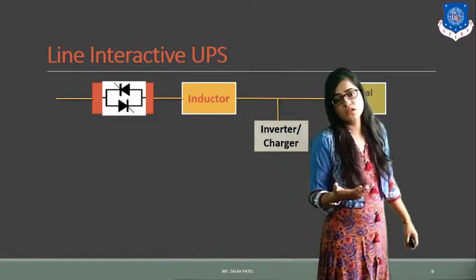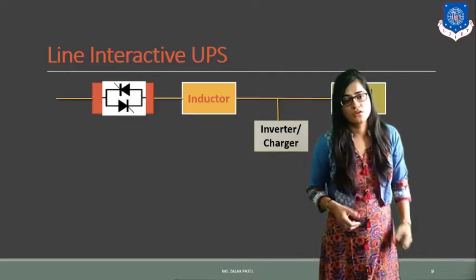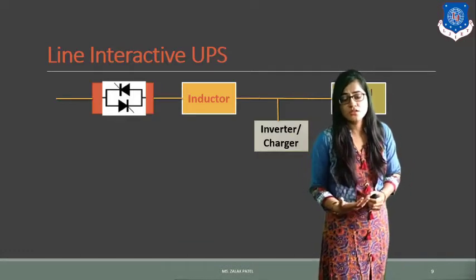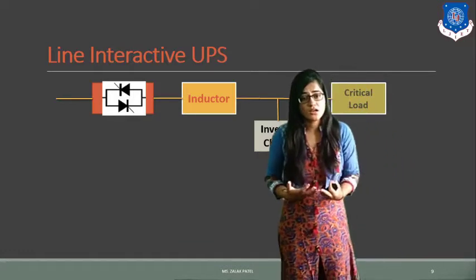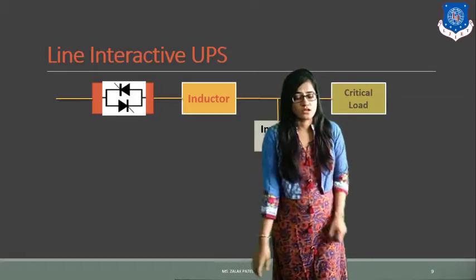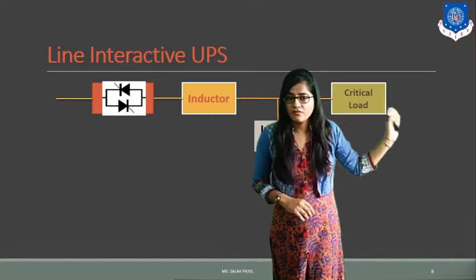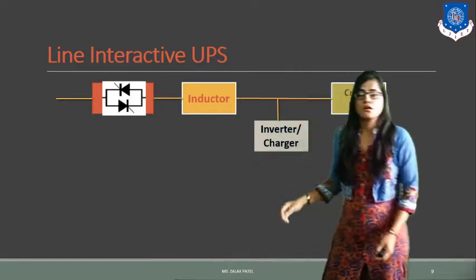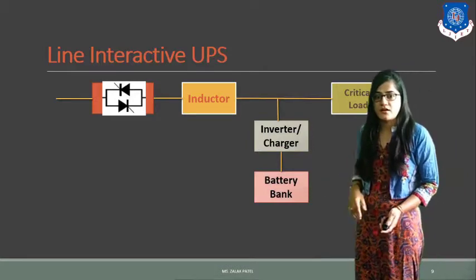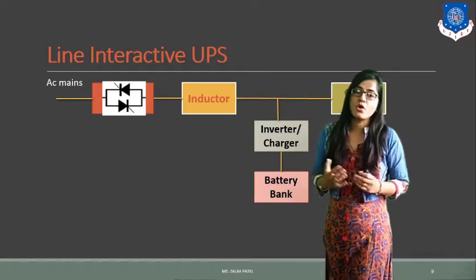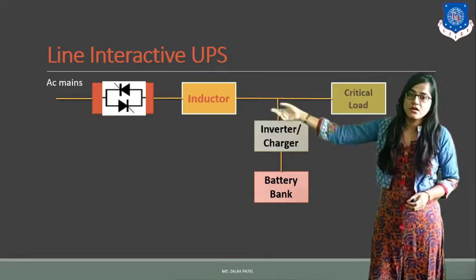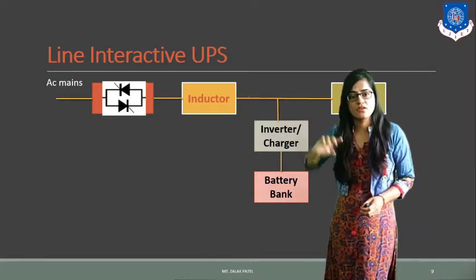Why do we use the inductive circuit here? It provides the protection circuit, or the snubber circuit, that we already talked about in unit number 1. So here the inductor is connected with the critical load. The inverter plus charger is also there, and it is connected with the battery bank. So this is the block diagram for the line interactive UPS. It is different by connecting the inductor with it.